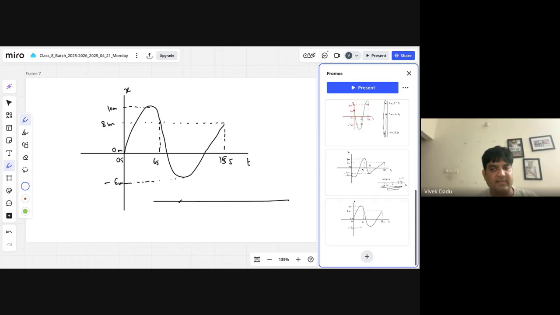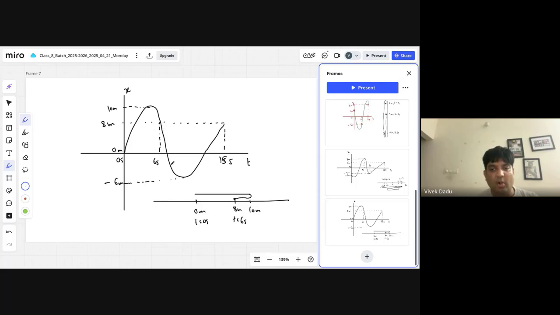It's on x-axis. Start point is 0 meter. Then it goes up to 10 meter. Yes or no? But will we have a time at 10 meter or we won't have any time at 10 meter? Because we don't know what was the time at 10 meter. But we know it came back, and somewhere at 8 meter, we have again time t equal to 6 seconds. Then between 6 and 15, what happened?